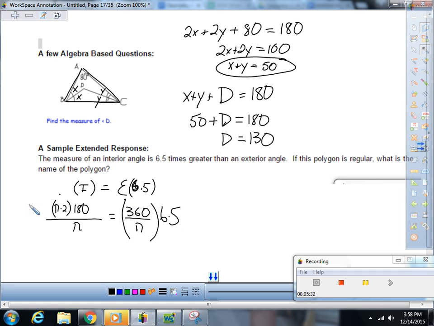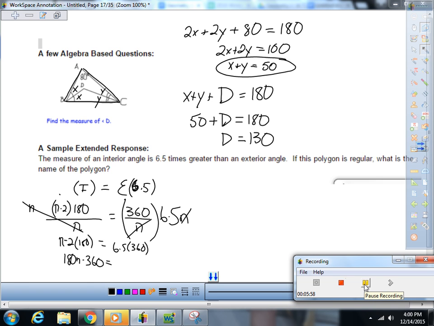If I multiply both sides by n, that gets rid of the denominator. So now we have, let's not skip anything, n minus 2 times 180 equals 6.5 times 360. So you get 180n minus 360 is equal to 2,340.